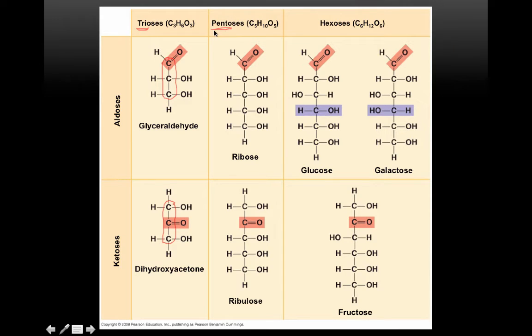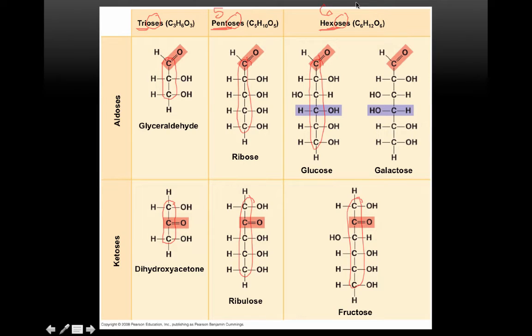Pentoses, that's in reference to 5, so there must be 5 carbons in every pentose monosaccharide. Hexoses have 6 carbons per monosaccharide, and so forth and so on. The ose suffix in each case is in reference to sugar.